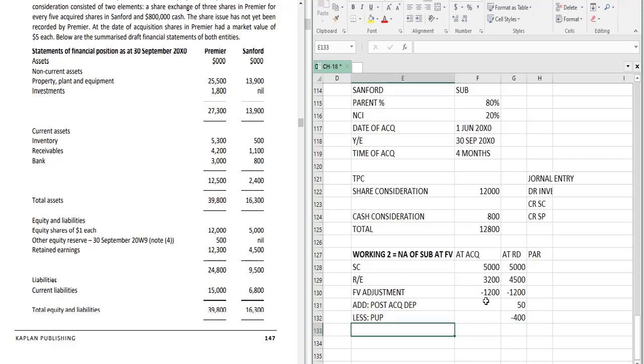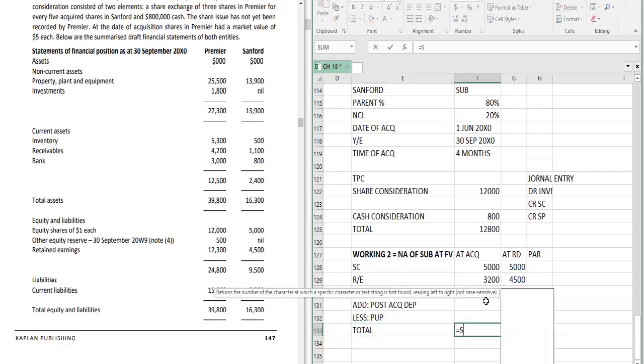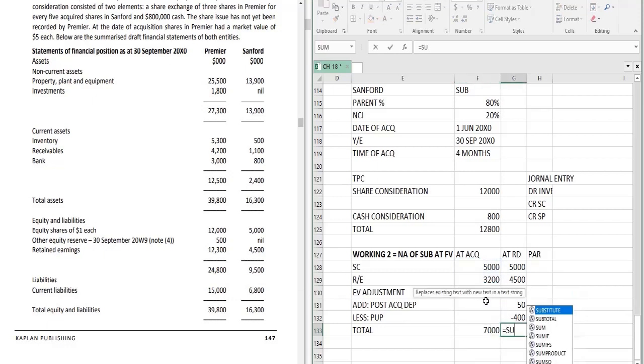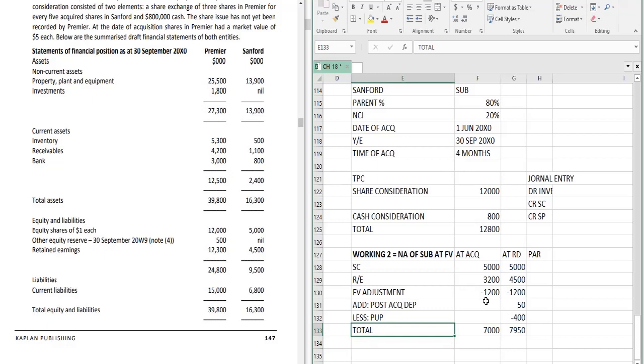Then we will do the total. We don't have anything else to be recorded in working 2, so we will do the total from the start to end. And the difference between these two is post acquisition reserve.